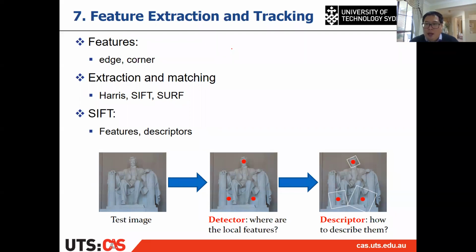And also, if you remember when we introduced the Building Rome in a Day project in the video, if you want to virtually 3D reconstruct the environment by using the point cloud, then you need to match the same feature in different images. All right, so this is why we introduced feature extraction and matching.